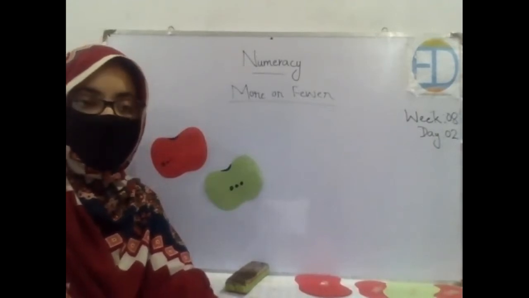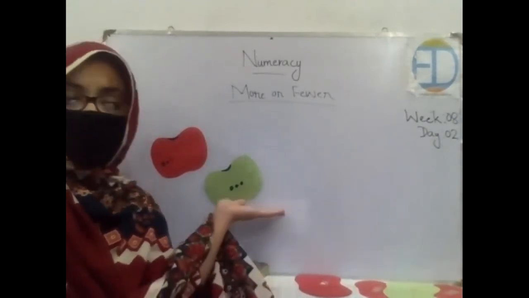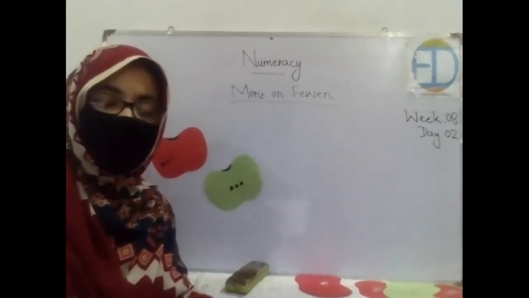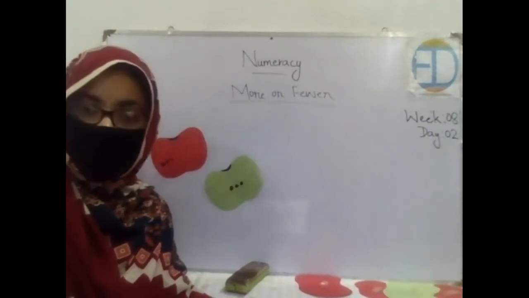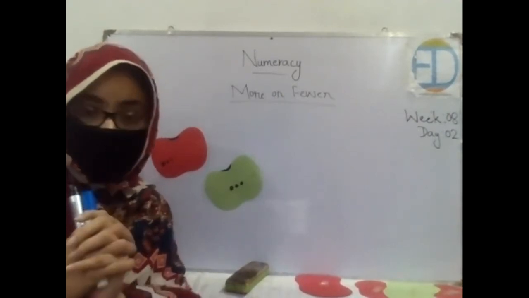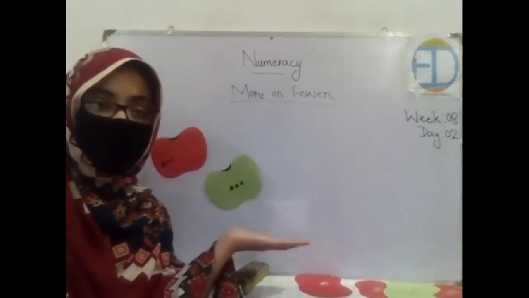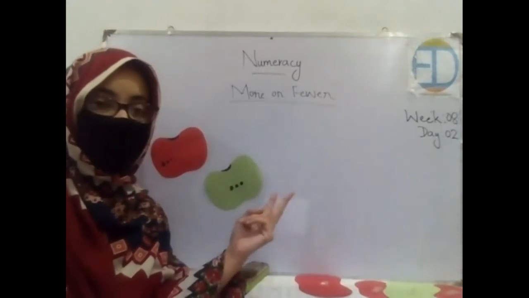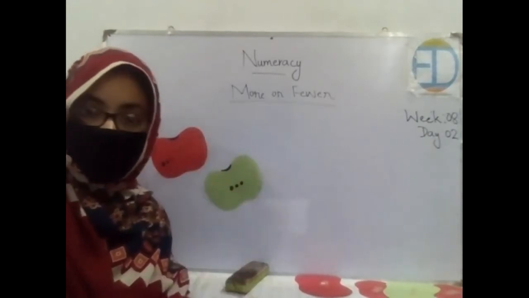Okay, so let's say you have two apples in your lunchbox, and you're sitting in the break time, and two of your friends join you, right? Now you have only two apples, and you are sitting with your best friend. Previously, two apples were enough for both of you, right?